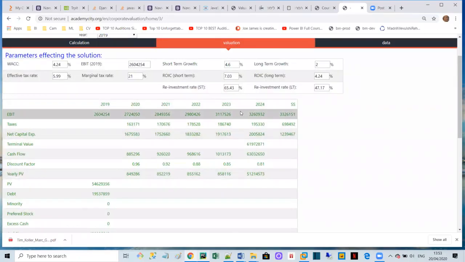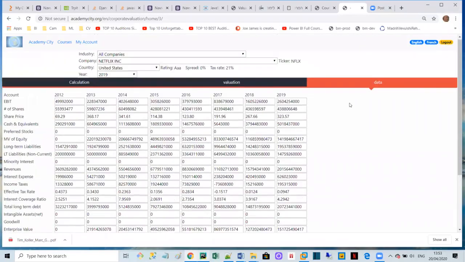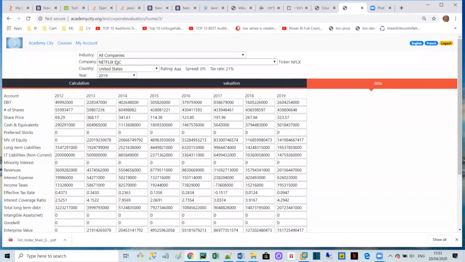This is the valuation. But moreover, as you type the name of the company, it automatically uploads all the data from the stock exchange. That's worth a lot for you as a student, going over the annual reports and pulling the numbers and knowing which numbers to pull.